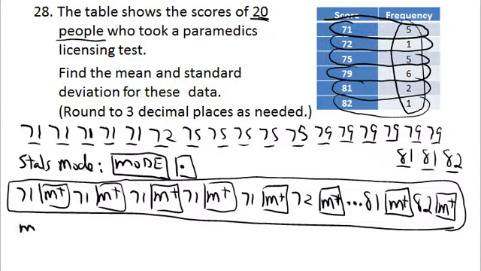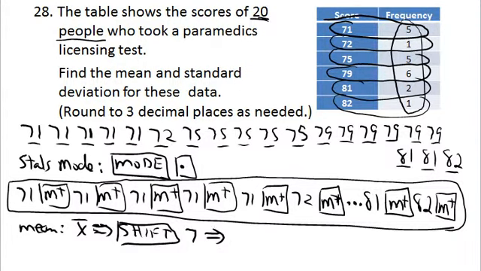So for the mean, you do shift 7, and when you do that, you come out with exactly 76. You could put 76.000 if you want to, but it comes out even.